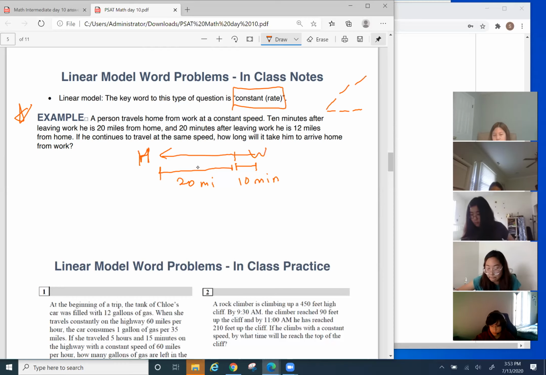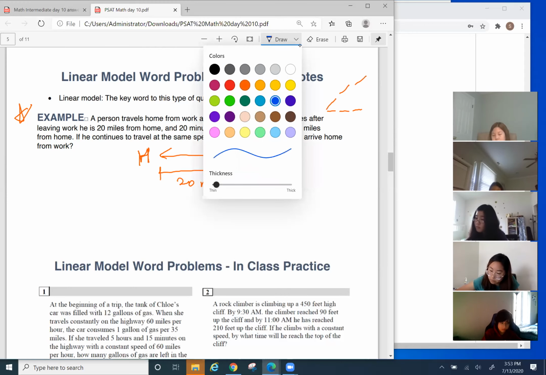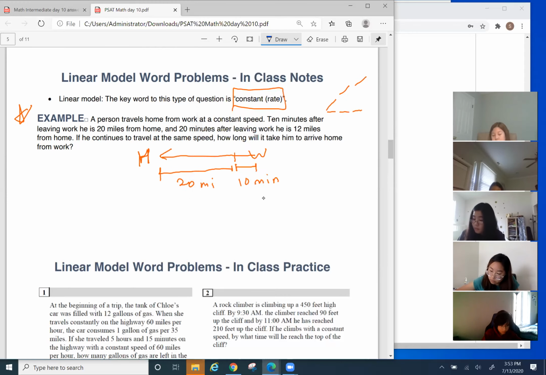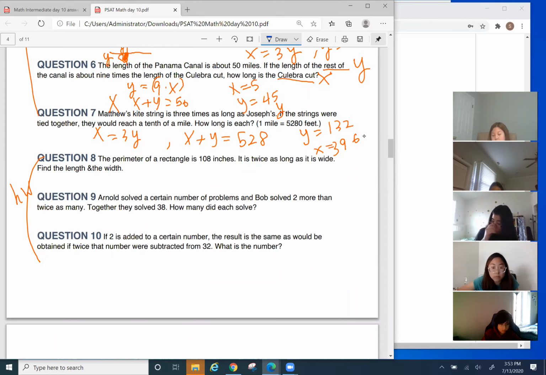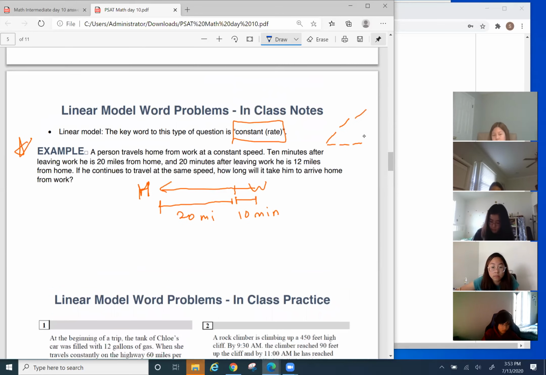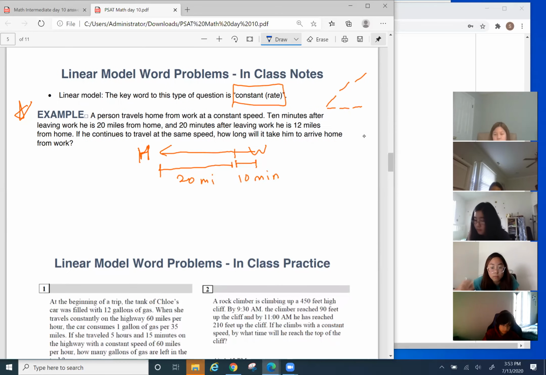And 20 minutes after leaving his work means he went 10 more minutes from there, right? 10 minutes and 10 minutes, so a total of 20 minutes.